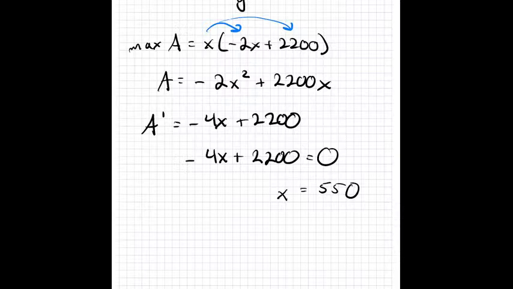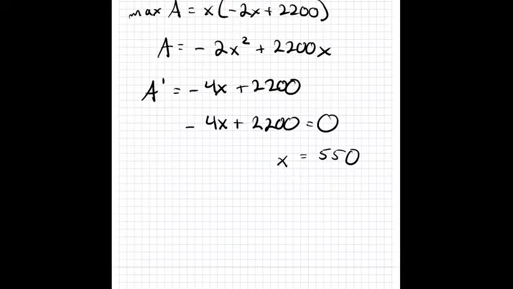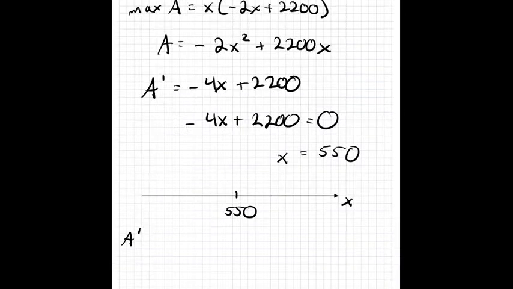And then let's confirm that x is a maximum. Say this is the positive x, here's the 550. We need to look at a prime. If we plug 550 into the derivative, it should make it 0.